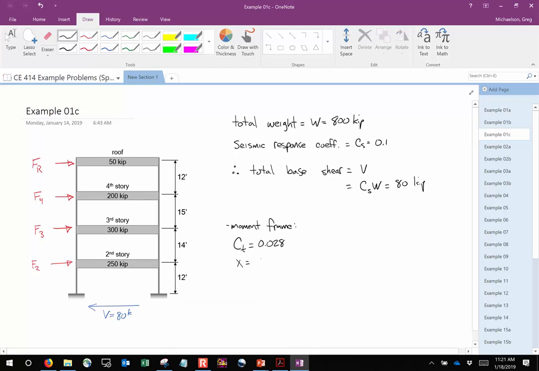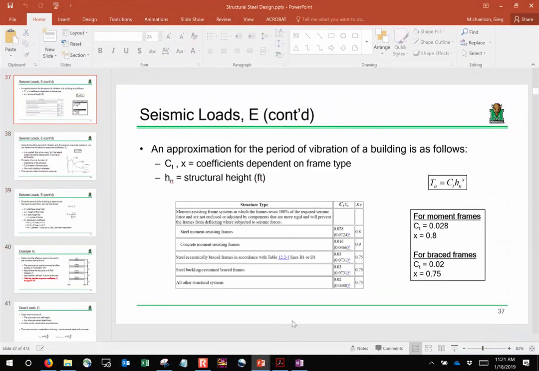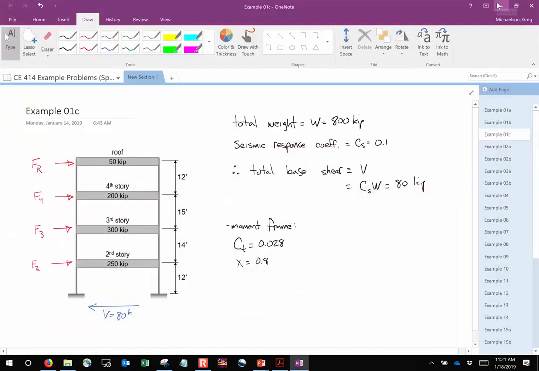And this is 0.8. So again, that just changes depending upon what type of system you're looking at. If you have a moment frame, there's your quantities. If you have a brace frame, there's your quantities. All right. And then, okay, so there's that.